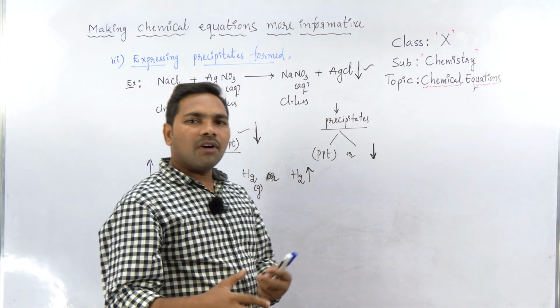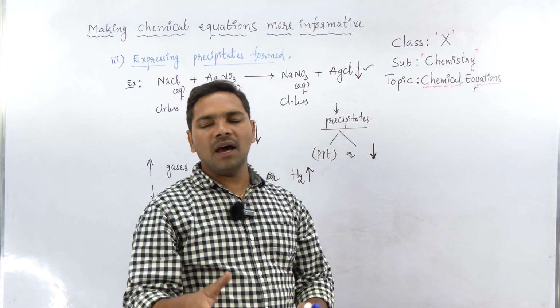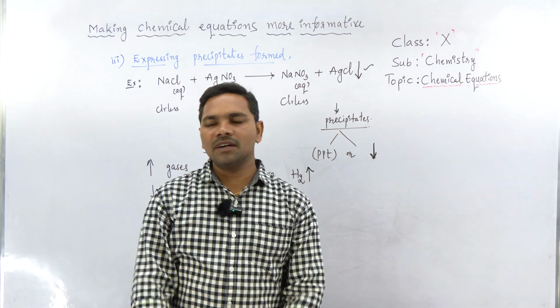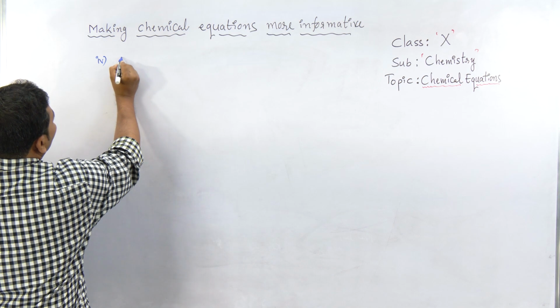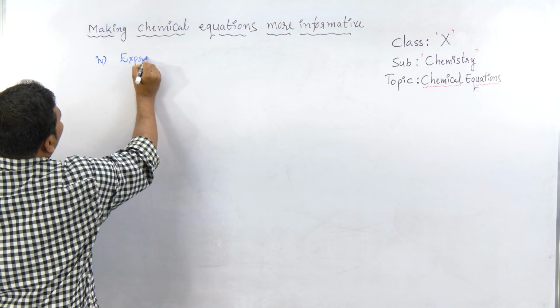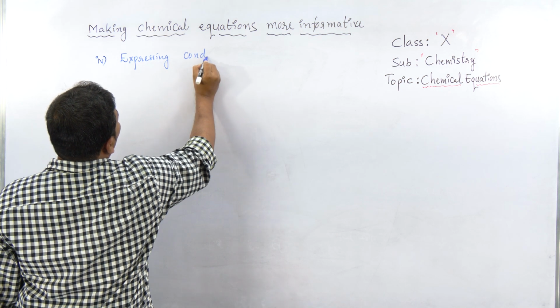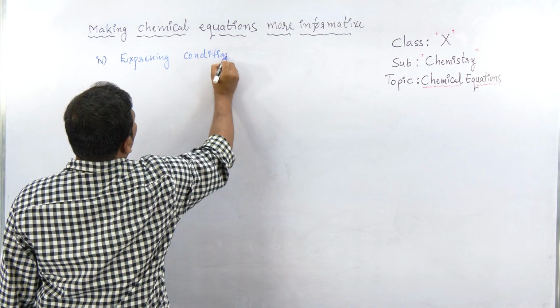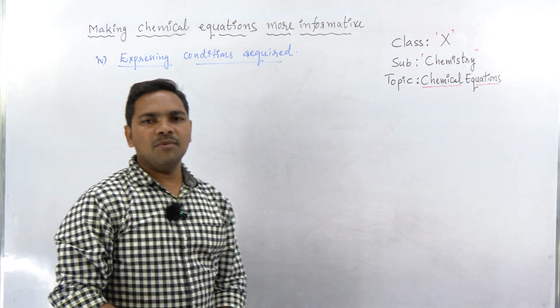Now let us see one more. There is another piece of information that can be added to a balanced chemical equation. So what is that? It is the fourth one: expressing conditions required for the chemical reaction.